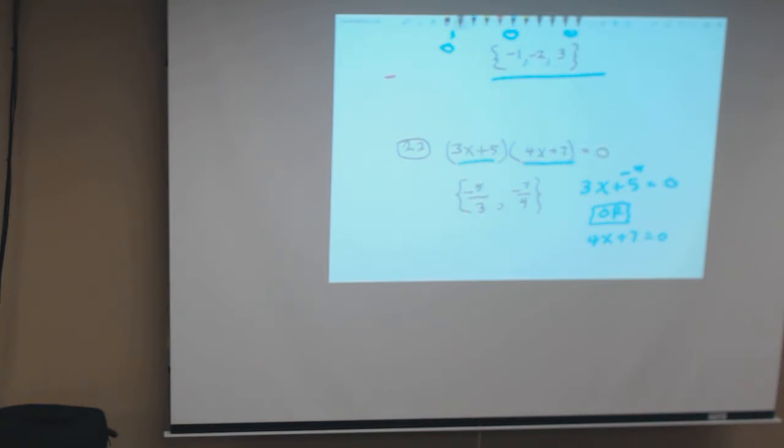Okay. See if it works this time. Minus 5, minus 5. So I get 3x equals negative 5. Then I divide by 3, and I get x equals negative 5/3, which was one of my answers.